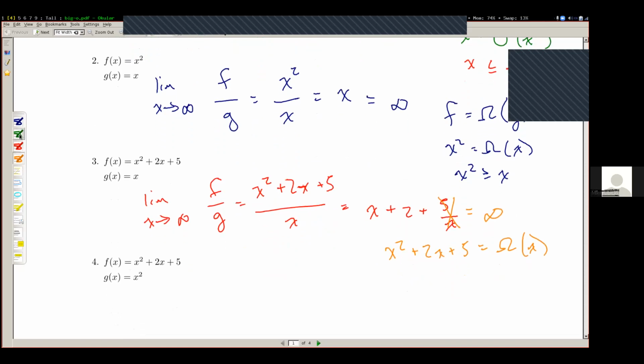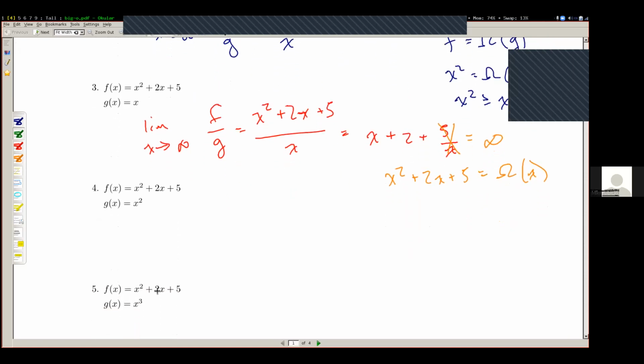I'll stop for questions after one more example, because the next example will introduce this theta idea.